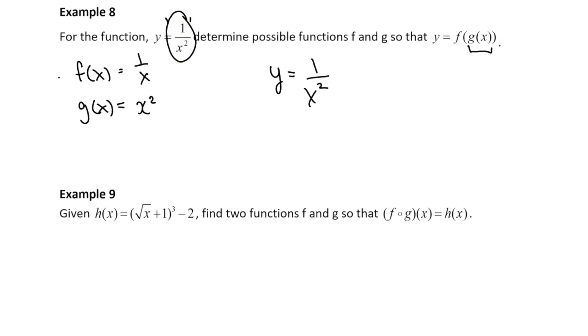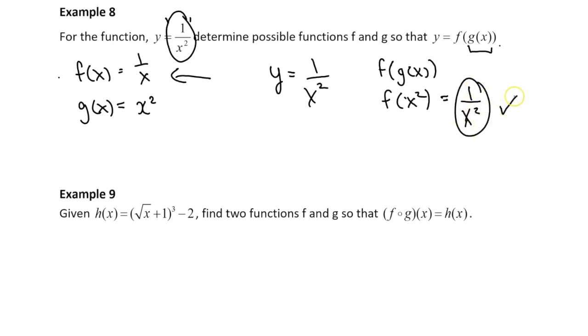What would we have if we had f of g of x? My g of x is x squared, so when I substitute x squared into this form of 1 over x, I create 1 over x squared. So I know I've done something correctly, because I've got what the original question asked for.